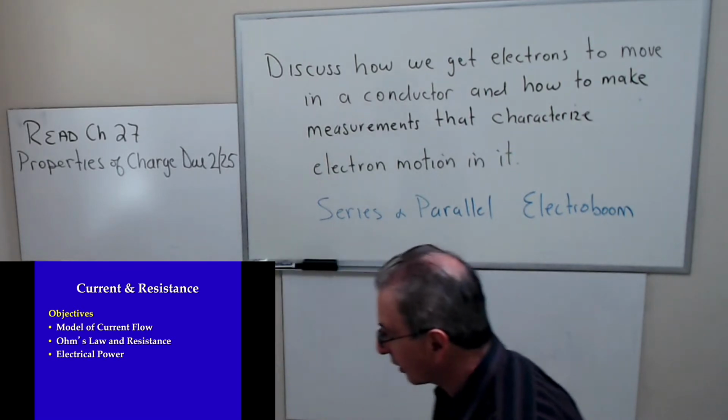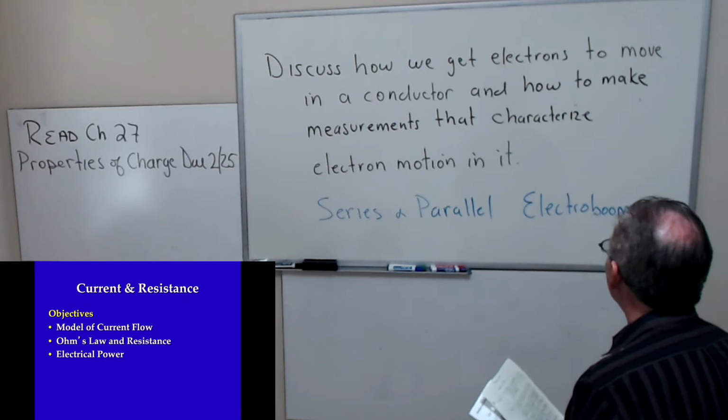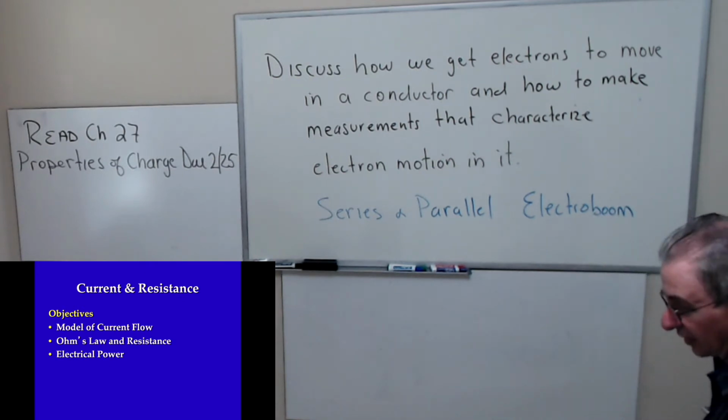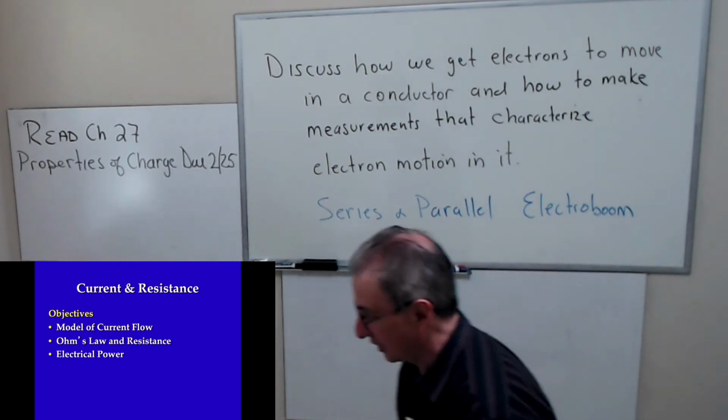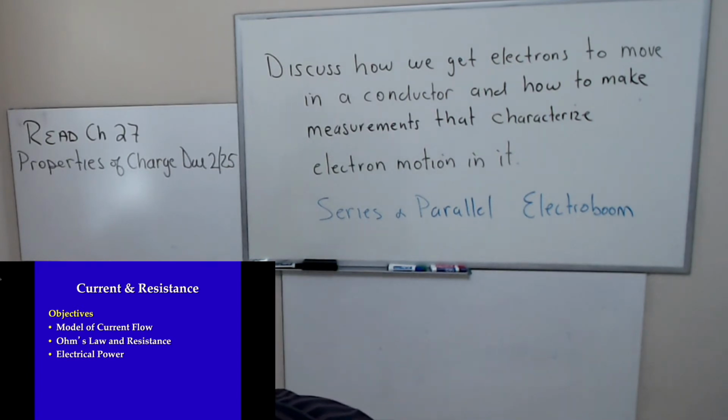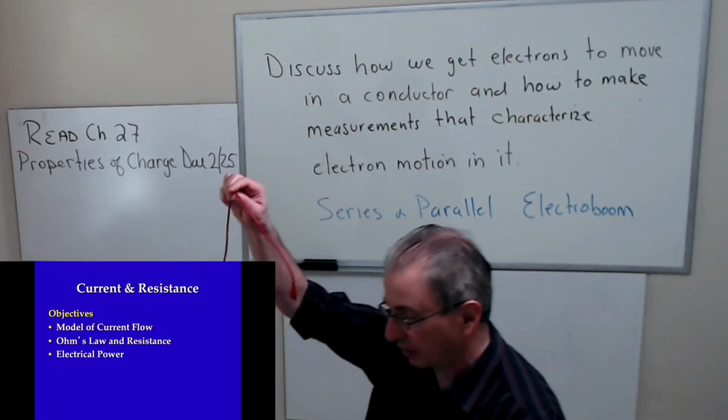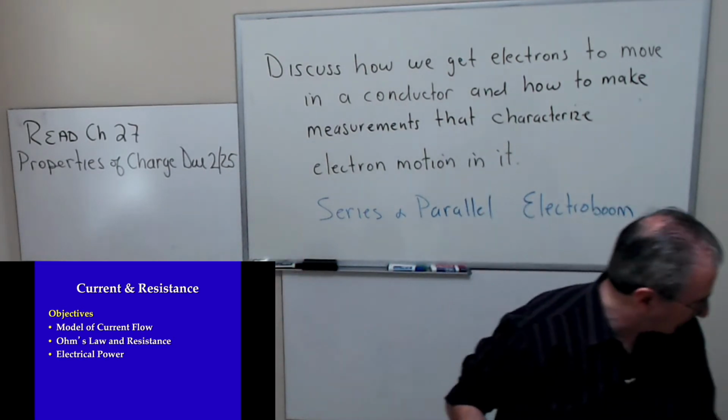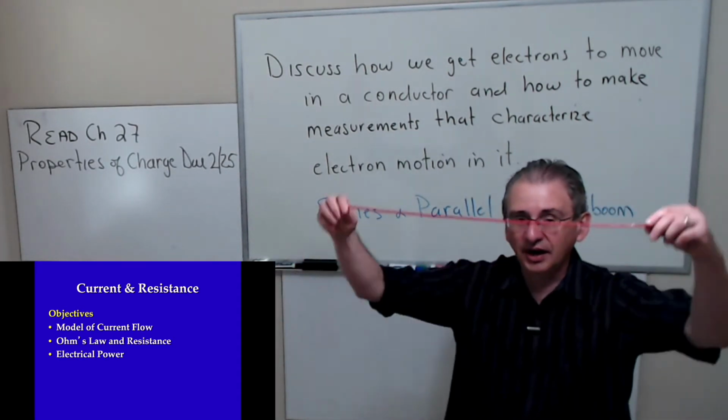So our goal today is really to discuss how we get electrons to move in a conductor, and what I'm going to be focusing on is how to get electrons to move through a wire and how to make measurements that characterize what's happening in the wire or in the conductor.